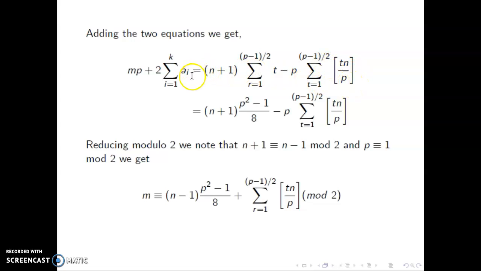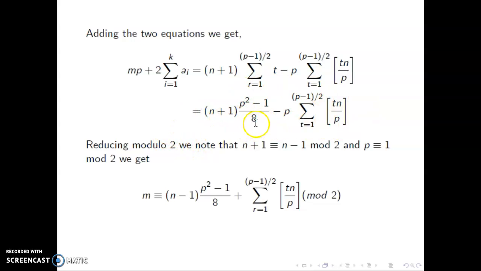Now, this I can write as (n+1) times, for the summation of t, (p²-1)/2, because this is a sum 1, 2, 3 up to (p-1)/2. When I simplify this, I get (p²-1)/8, and here I simplify this, and so I get this expression. Now I'm going to reduce this modulo 2.